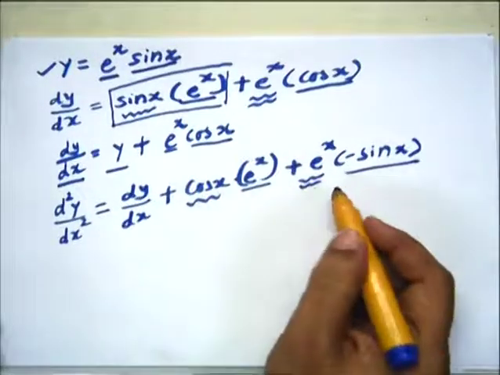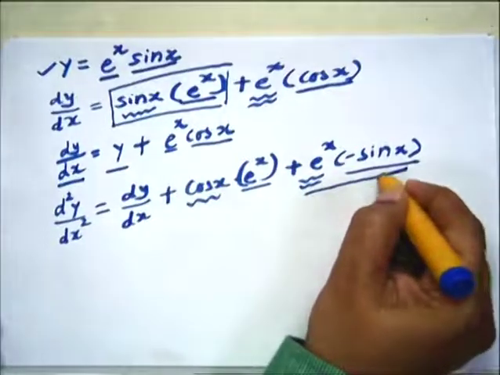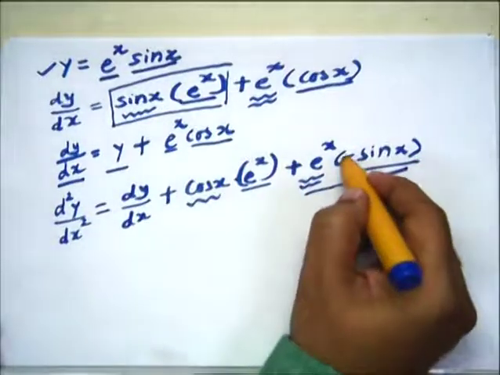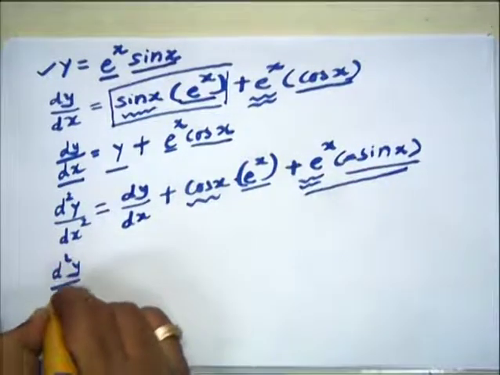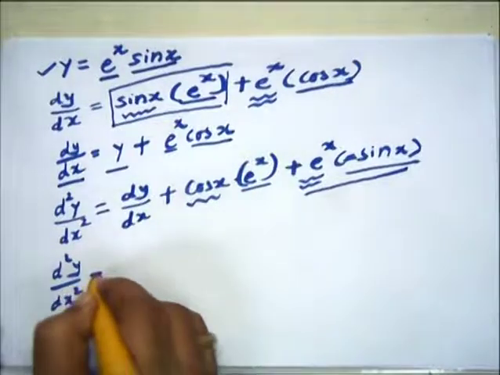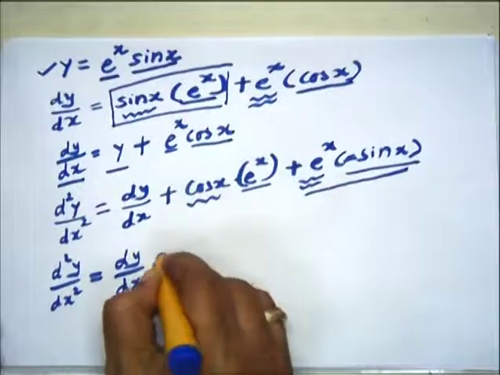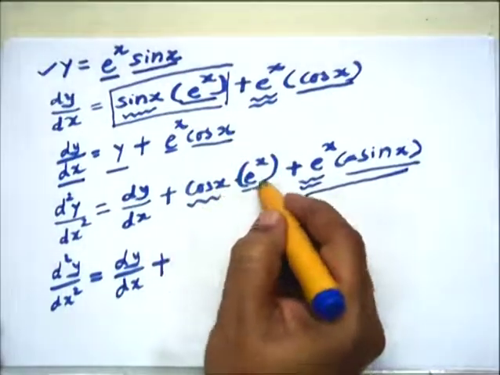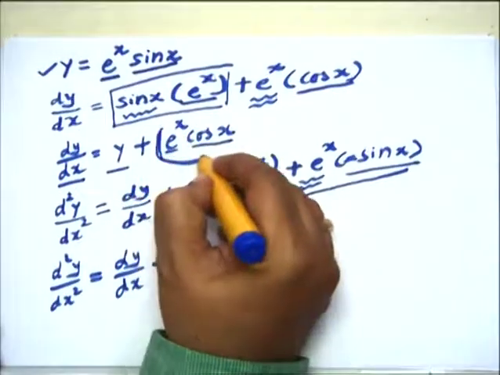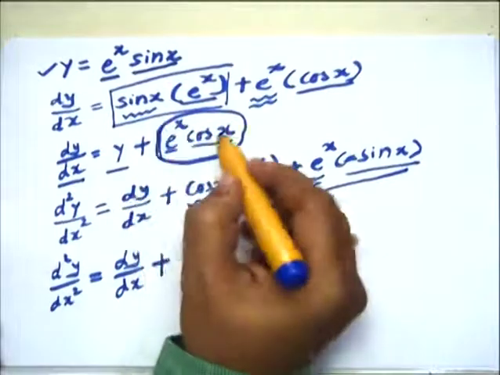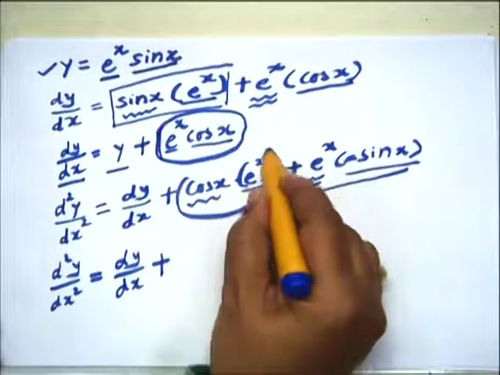Here once again this is nothing but y, and it has a minus sign, so that can be written as d2y by dx2 is equal to dy by dx plus cos x into e raised to x, e raised to x into cos x. Here also we have e raised to x into cos x.